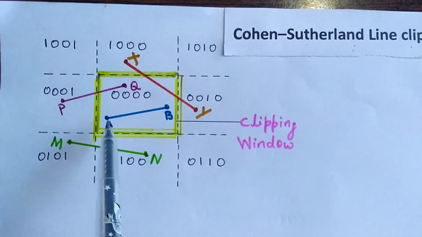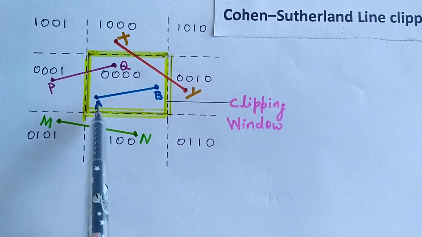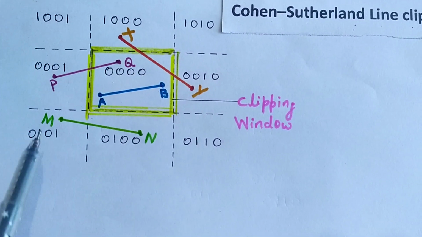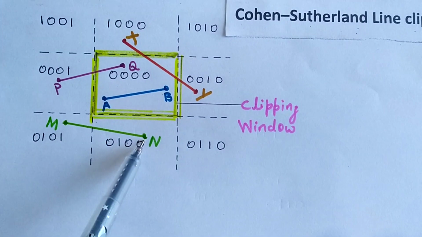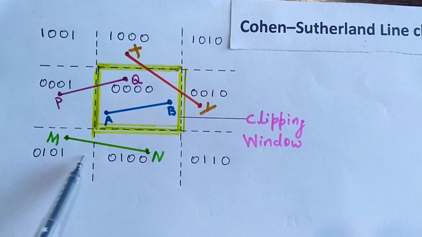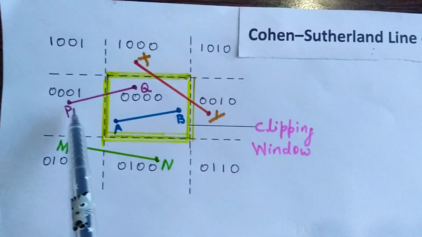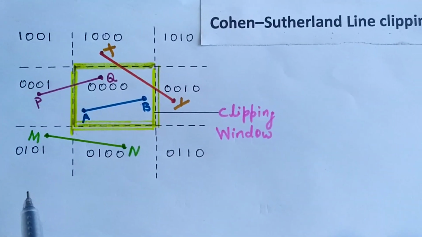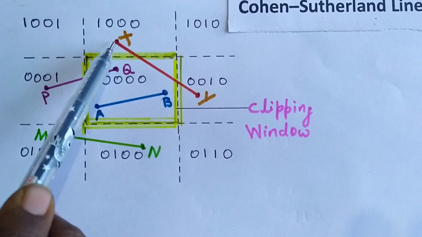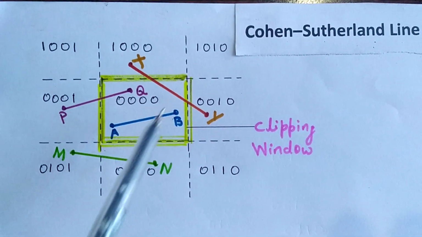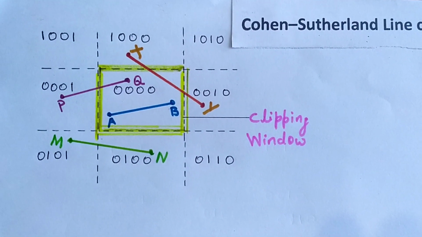The line segment AB is completely visible inside the clipping window. The line MN is completely outside the clipping window. The line PQ is partially inside the clipping window. The line segment XY is also partially inside the clipping window.